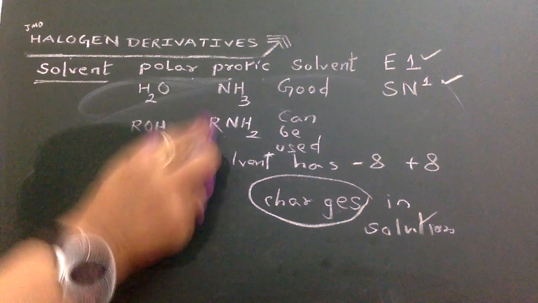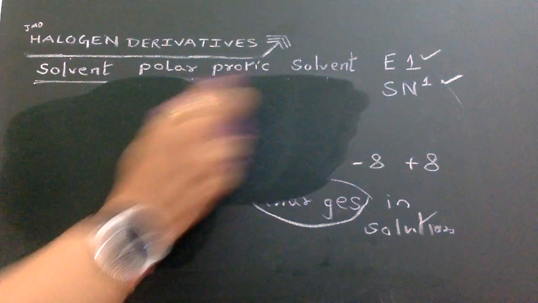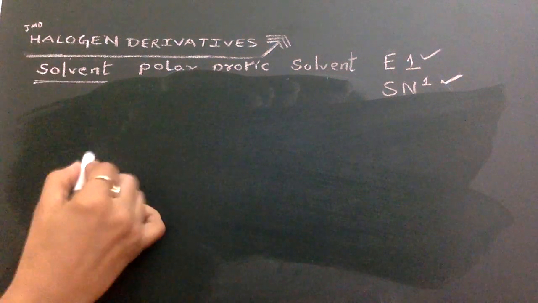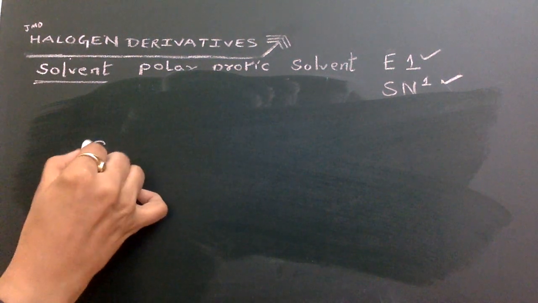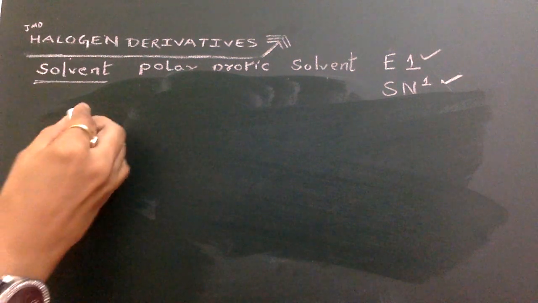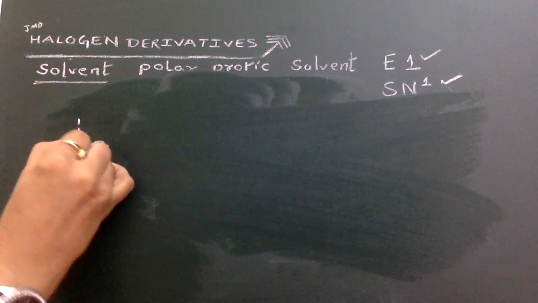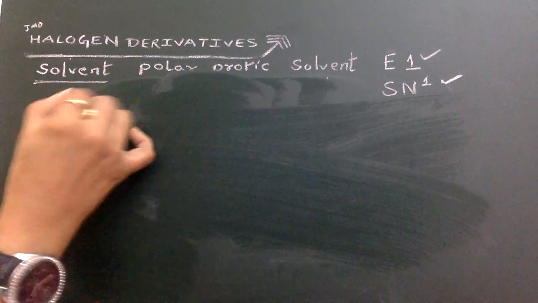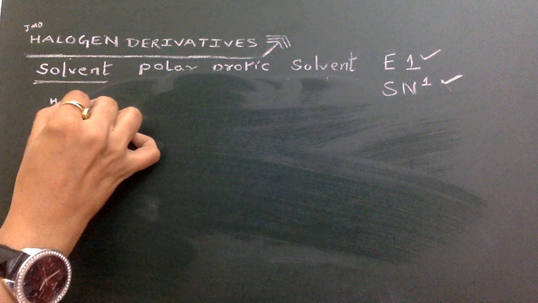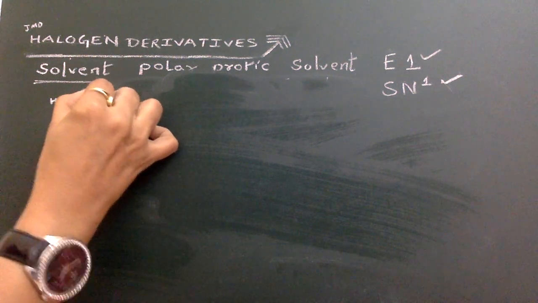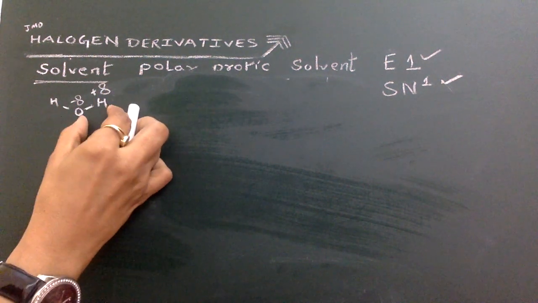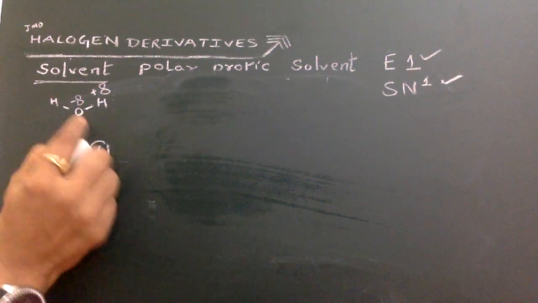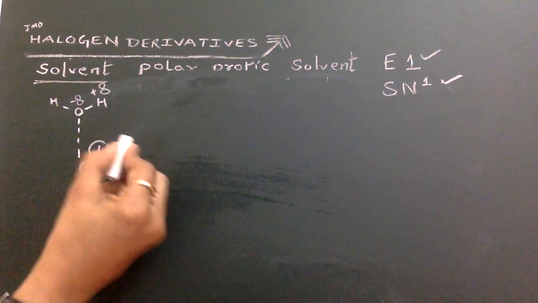Let us see how do they stabilize the carbocation. किस तरह से वो कार्बोकेटायन को बनाने में मदद करते हैं वो देखते हैं. ये हमारे पास कार्बोकेटायन है जिसके पास पॉजिटिव चार्ज है. Water is a polar protic solvent, that is why this carbocation positive charge attracts the negative oxygen, the electronegative oxygen of water, by the ion-dipole interaction.